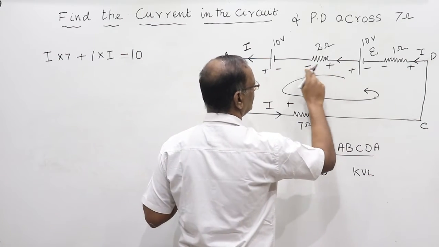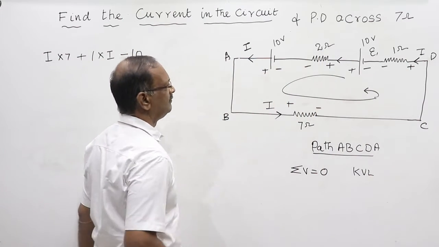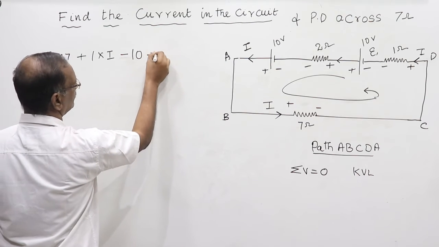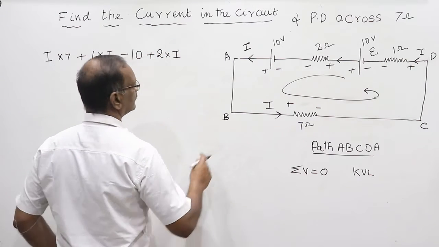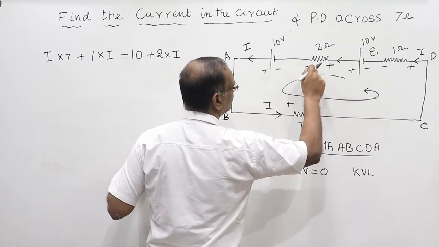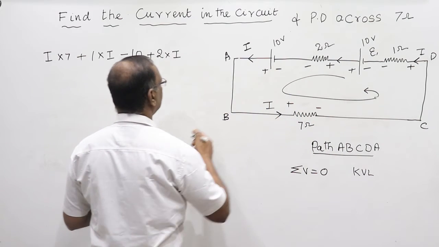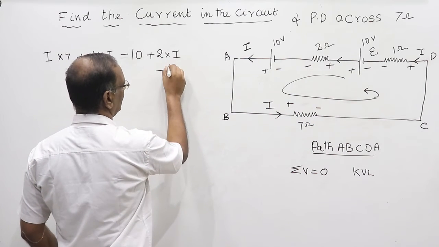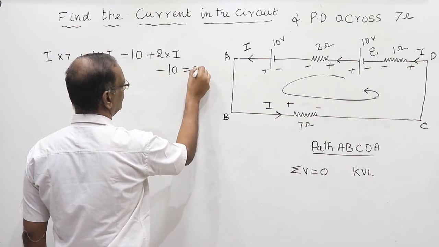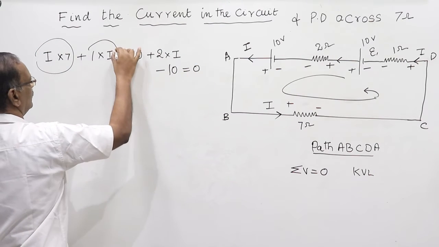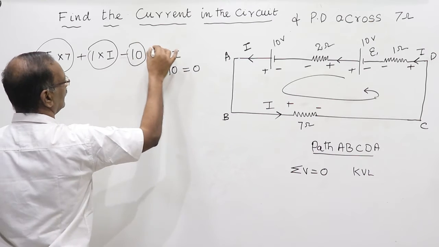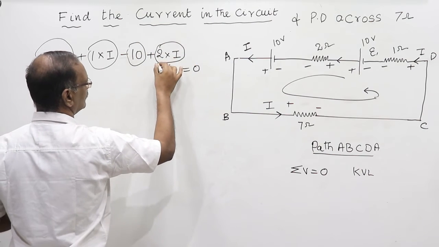Now again from positive to negative, the voltage will be positive, that is plus 2 into I. Again this way, negative to positive, the voltage will be minus 10. This is equal to 0, the algebraic sum of voltage in a closed loop.